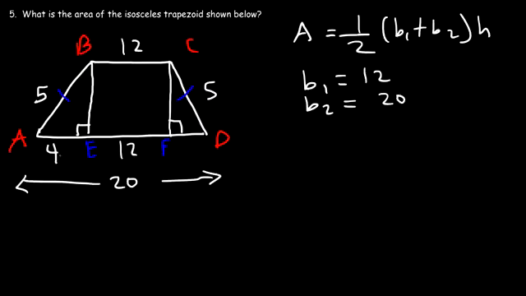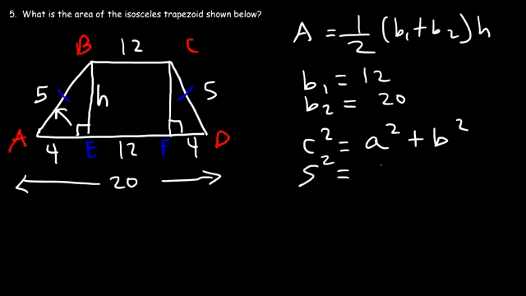So we could put a 4 here. So now we can find H, the missing side. So now let's focus on this right triangle. C squared is equal to A squared plus B squared. The hypotenuse is 5. A, we could say it's 4, and B is H.